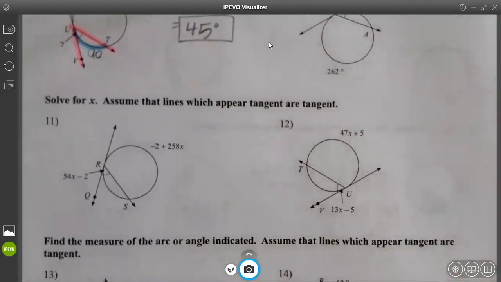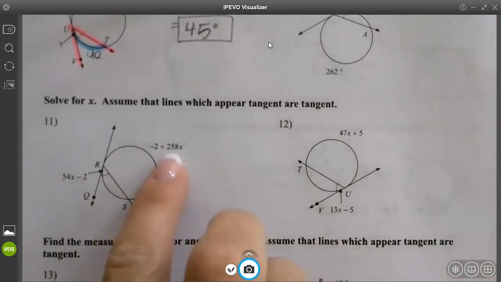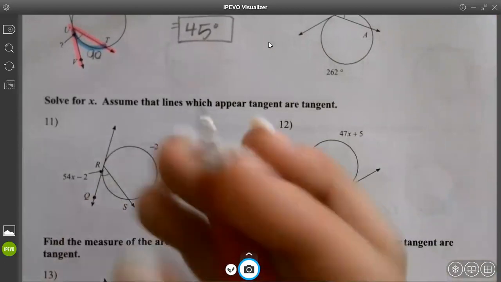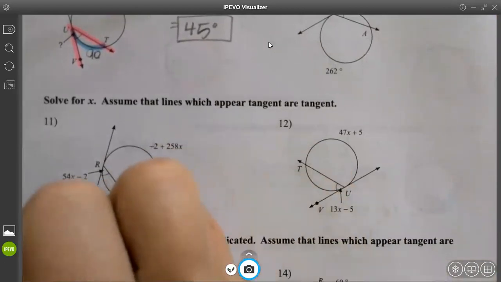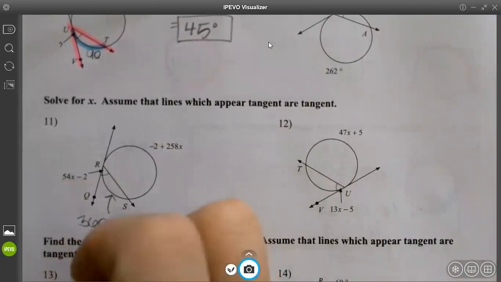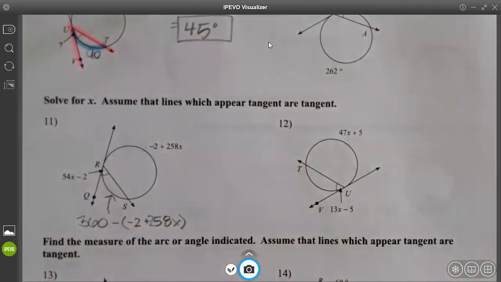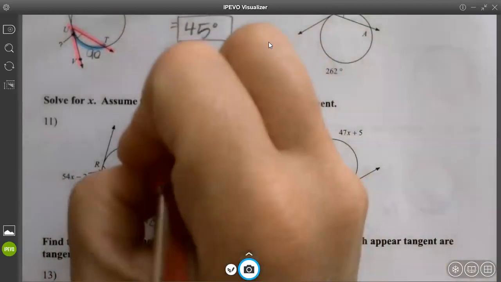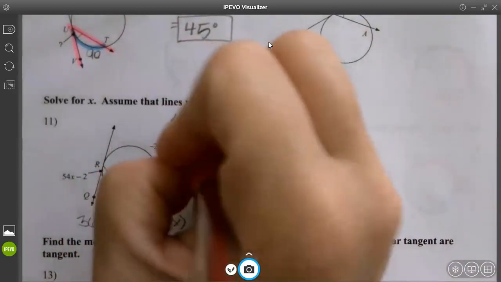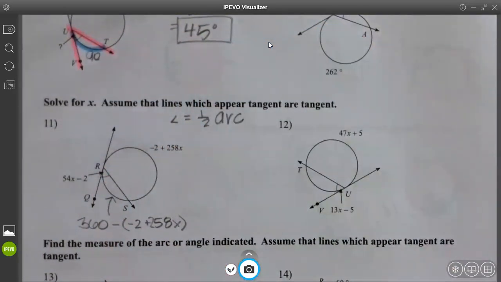So it says, assume the lines which would be a tangent or tangent. Same thing. It's inside, but now we have this crazy expression out here. So you're doing the same thing. So to find this arc, you're going to subtract all of that, sorry, 258x from 360. Since there's only 1 inside, angle equals half the arc.